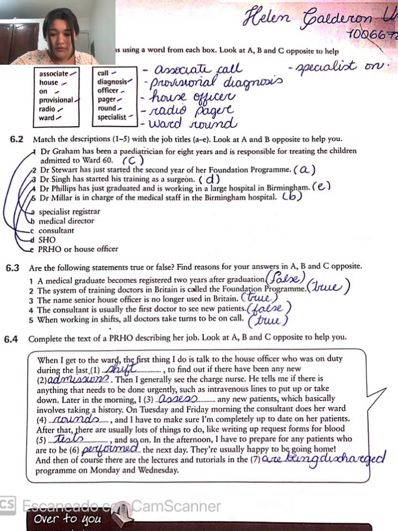Consultant goes to Dr. Graham, who has been a pediatrician for 8 years and is responsible for treating the children admitted to Ward 60. SHO is Dr. Sign, who has started training as a surgeon. PRHO or house officer is for Dr. Phillips, who has just graduated and is working in a large hospital in Birmingham.